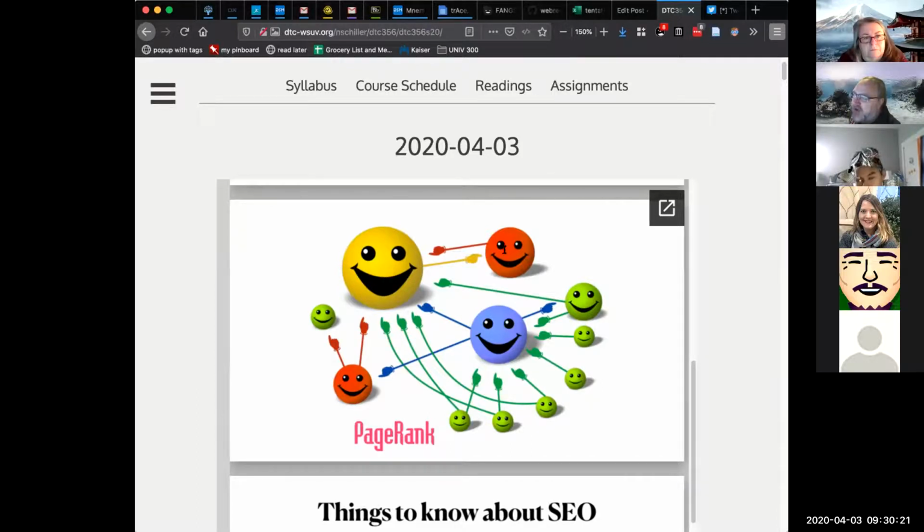But this red circle only has 1 inbound link, and yet it's bigger than some others that have multiple inbound links. Like, it's bigger than this green one, which also has 1 inbound link. And the reason is the size of things.